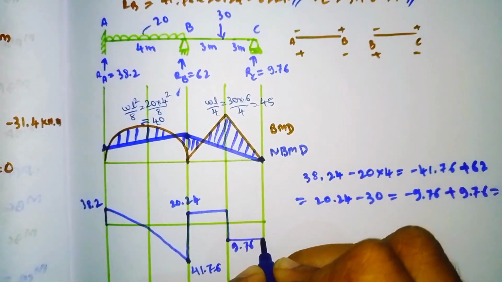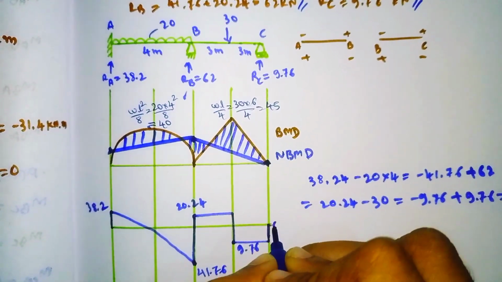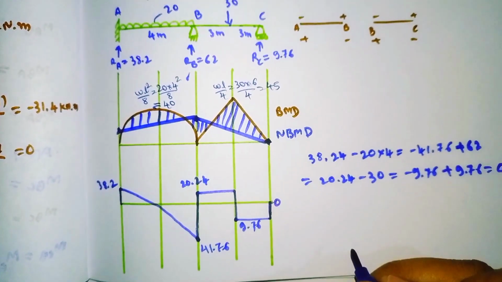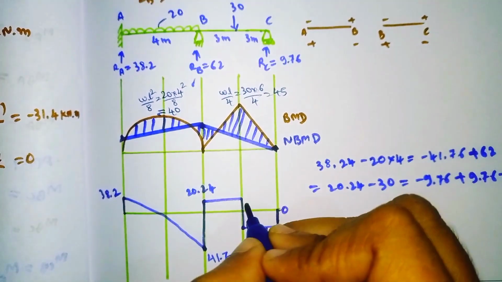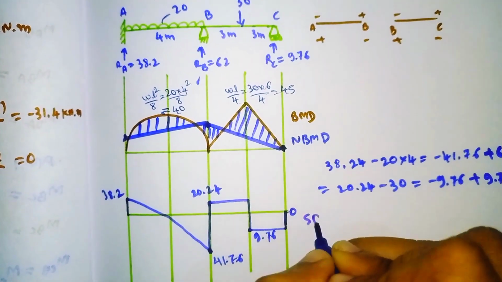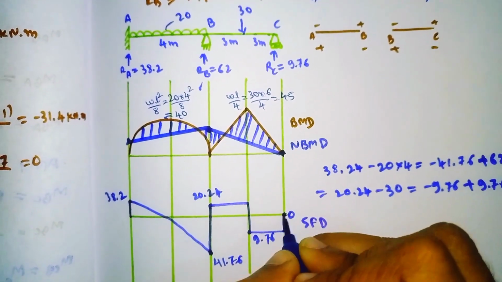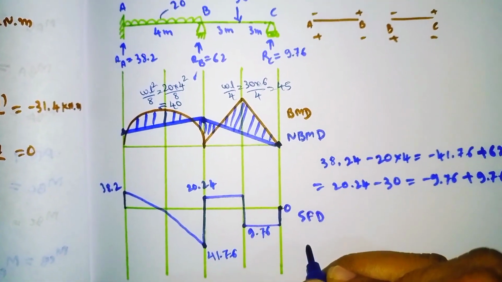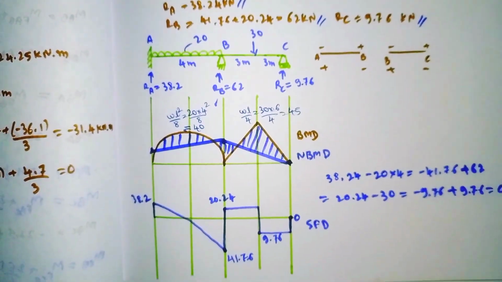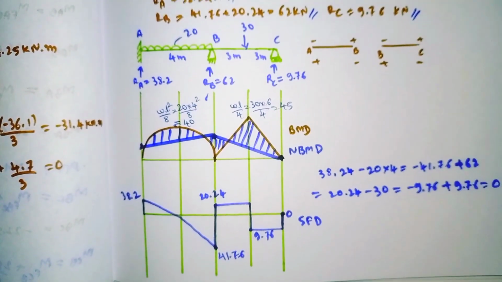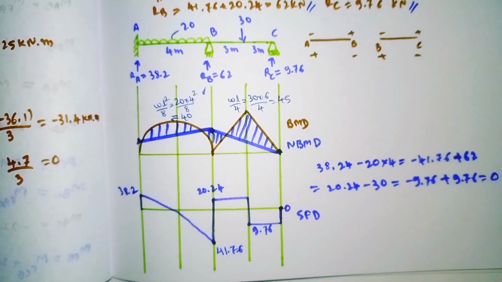So our diagram touches the axis. It means whatever we have calculated till now is right. When our last value comes 0, this line touches the neutral axis. This is the shear force diagram. So this is how we need to draw.